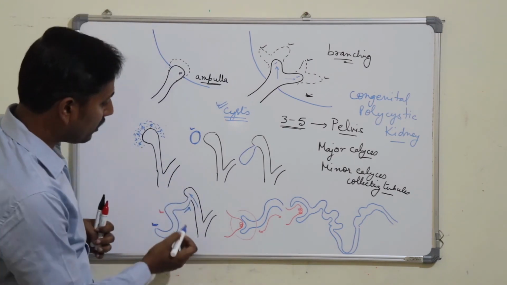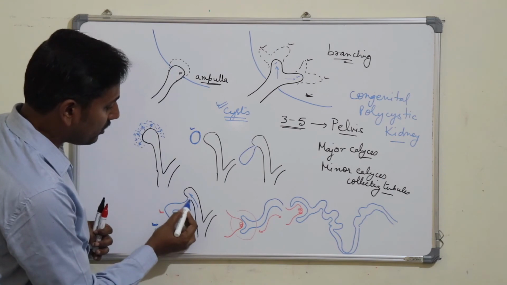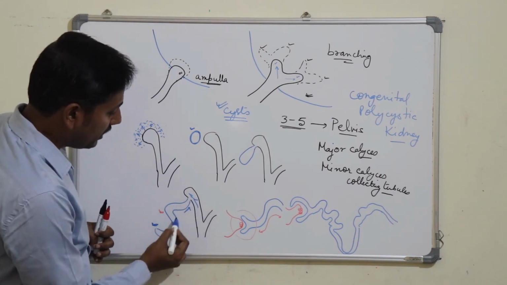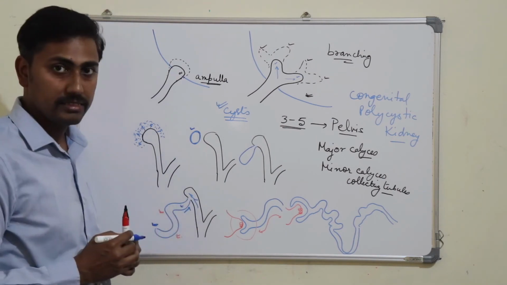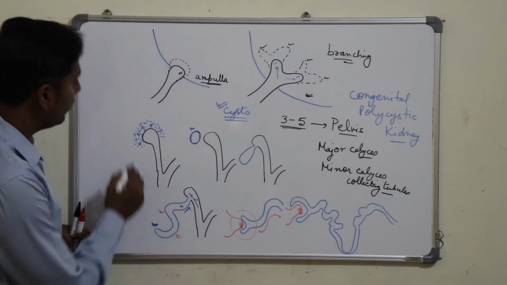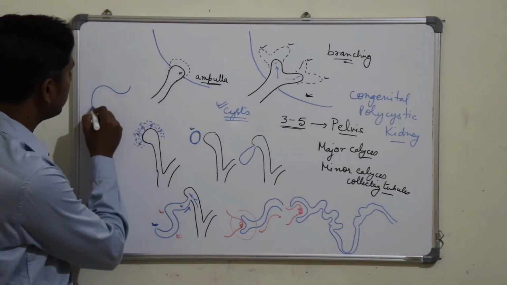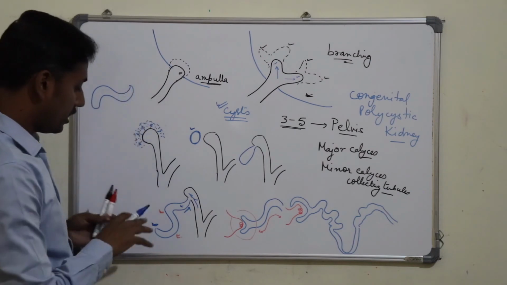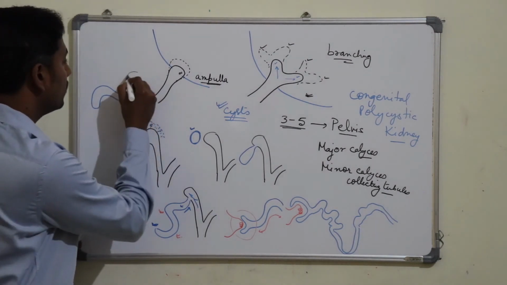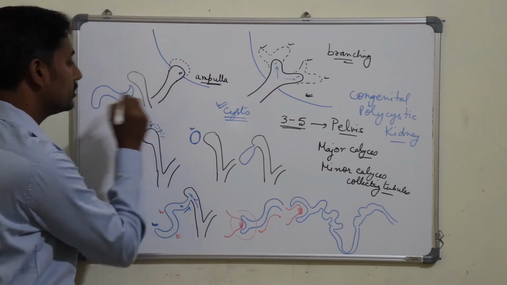So, when failure of establishment of contact between the ureteric bud and the S-shaped tubules occurs, this S-shaped tubule will remain as a separate structure and the ureteric bud will not fuse with it.